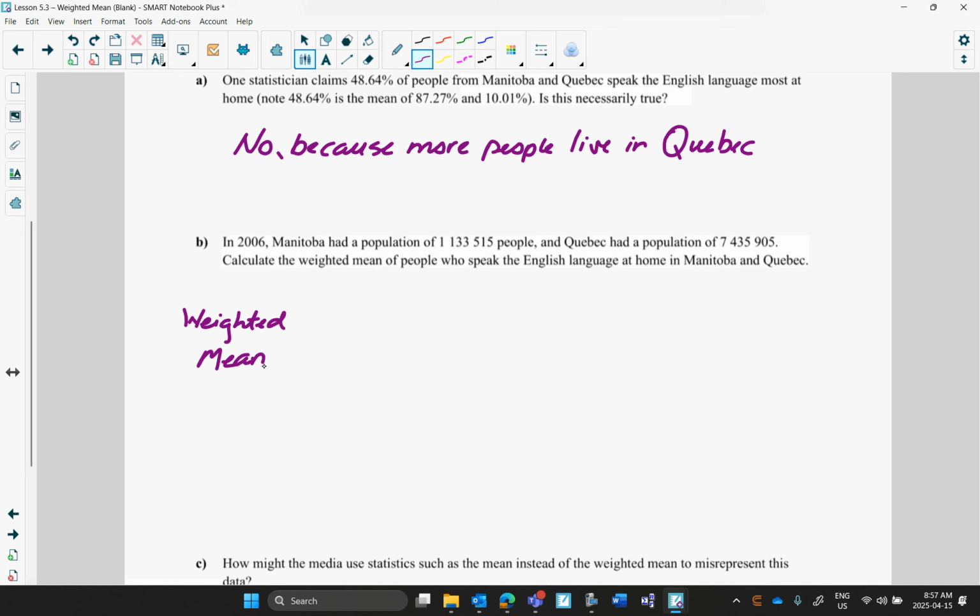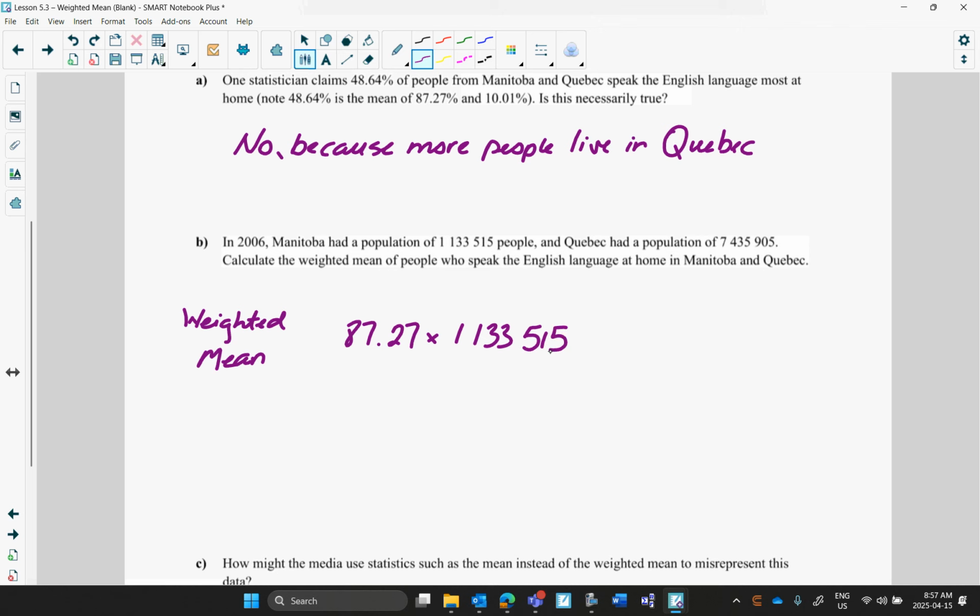So that means the average for Manitoba, which is what? 87.27 times the population of Manitoba. 1,133,515.